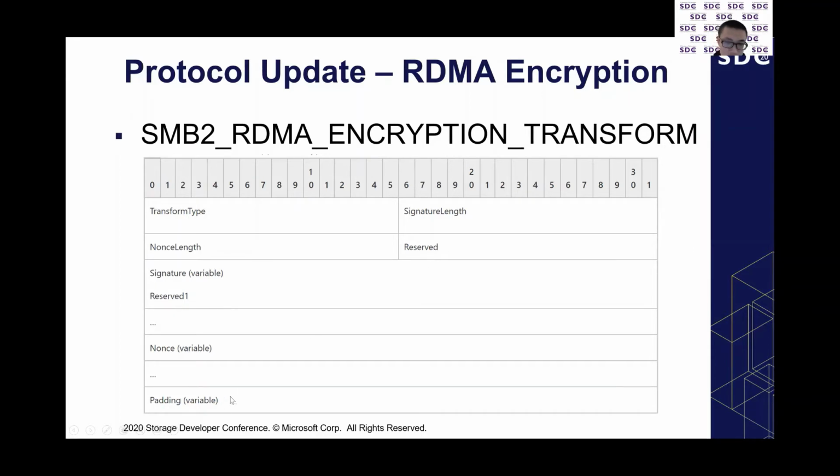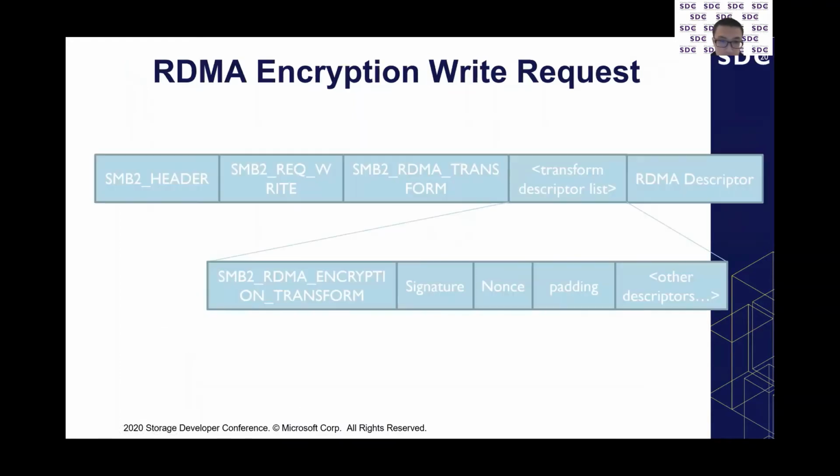In the end, if this struct does not end on the 8-byte alignment, we need padding to make sure this struct is 8-byte aligned. At the very end is the RDMA descriptor as we've seen before, and the requirement is that it has to begin on an 8-byte aligned address. In the protocol design, as mentioned earlier, we make sure that requirement is fulfilled.